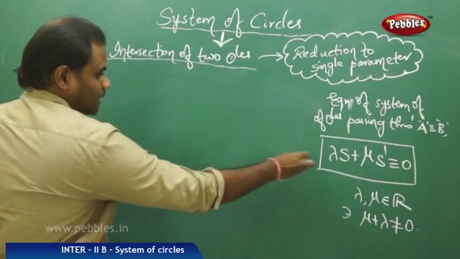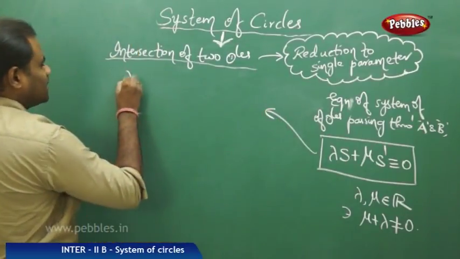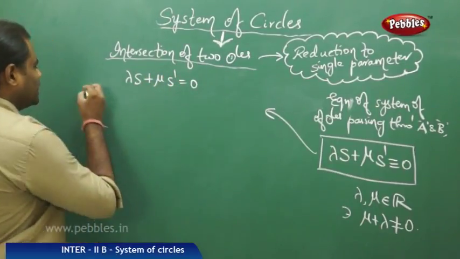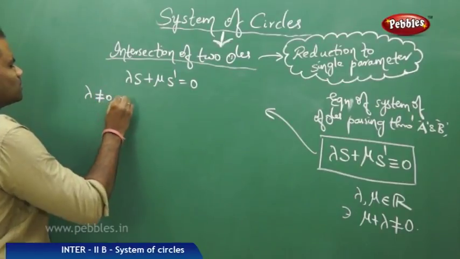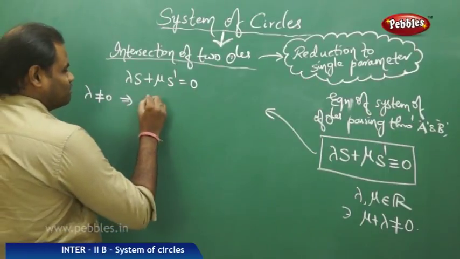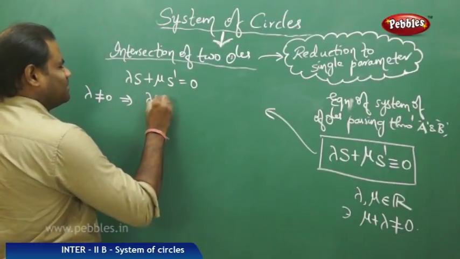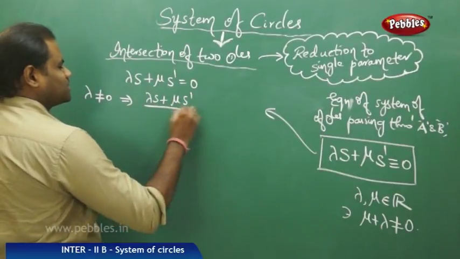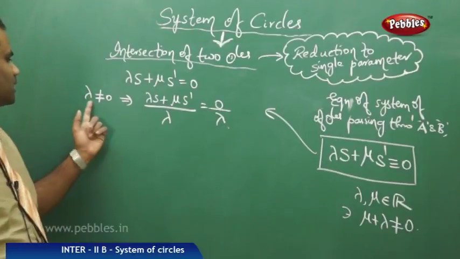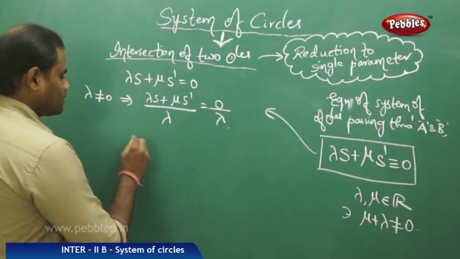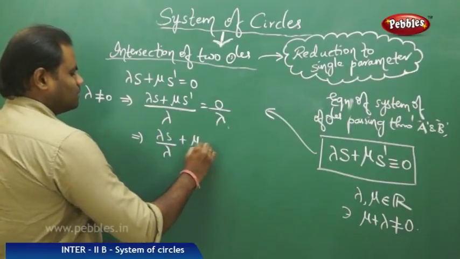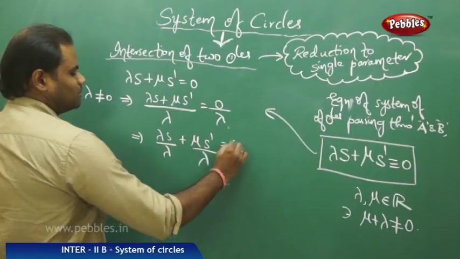With the formula lambda S + mu S' = 0, assuming that lambda is not equal to 0, I divide the whole equation by lambda. This gives lambda S by lambda plus mu S' by lambda equals 0.